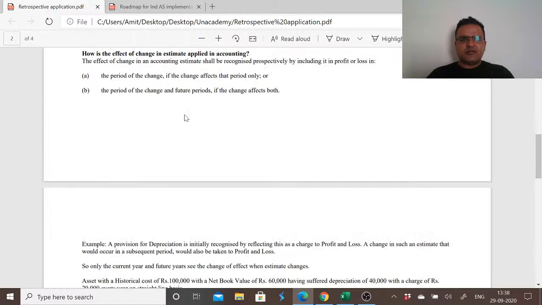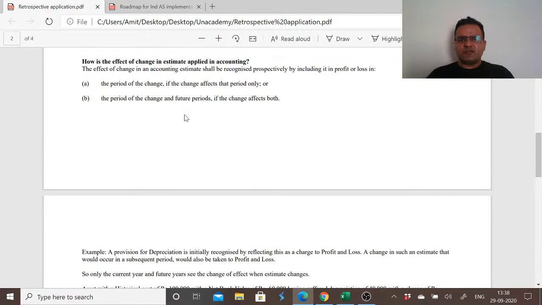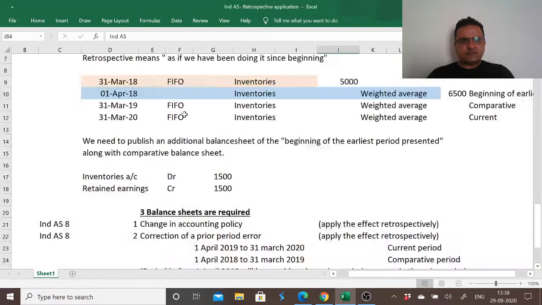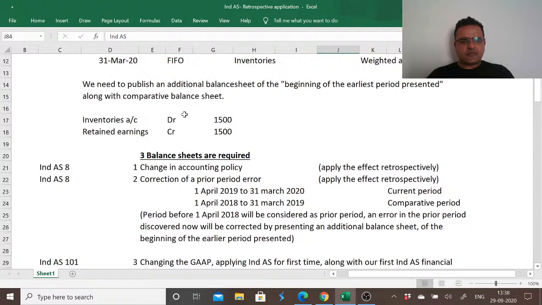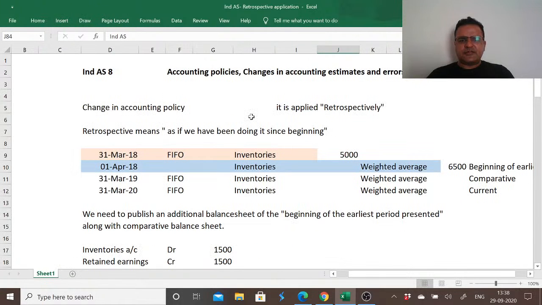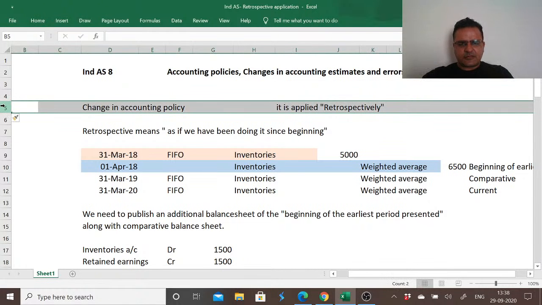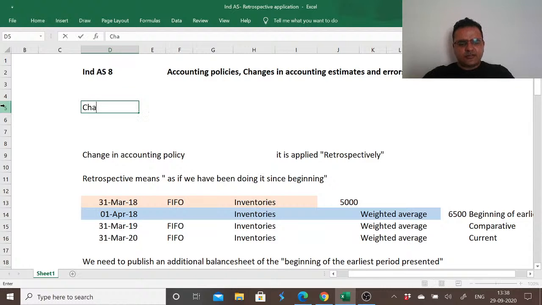If there's any change in accounting estimate, we apply the change prospectively. So that's the case in Ind AS 8. Change in accounting policy is applied retrospectively. Now there are three things: change in accounting policy, correction of prior period error, and third, change in accounting estimate.